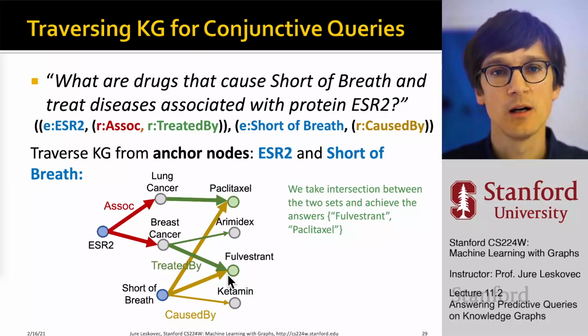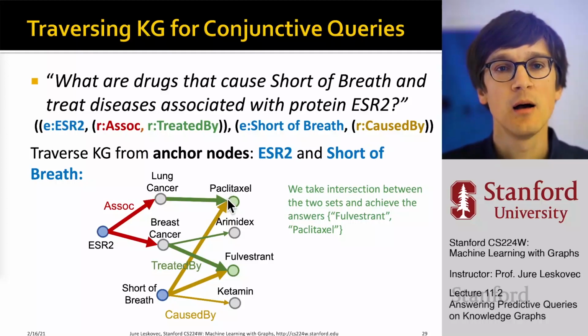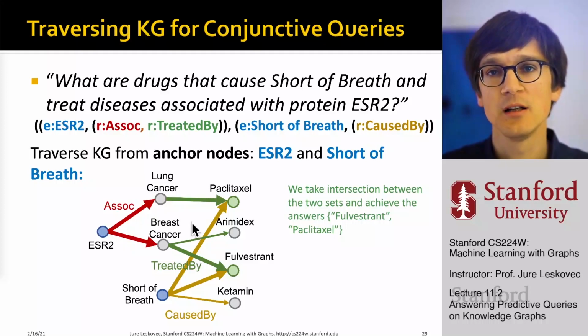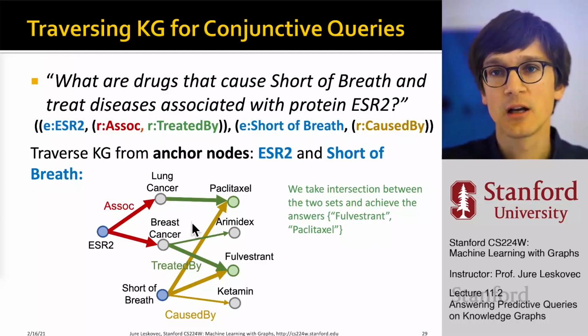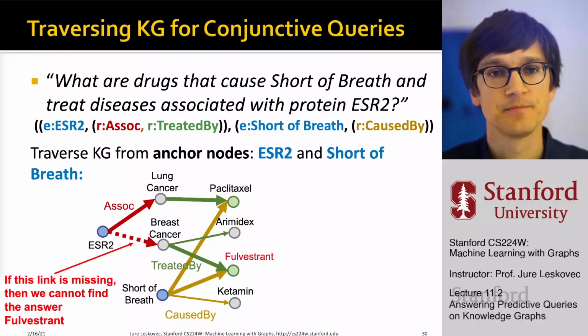So the answer to our question would be the drugs fulvestrant and paclitaxel. The point is that we have two entities that answer our query if we think of it as a knowledge graph traversal task.